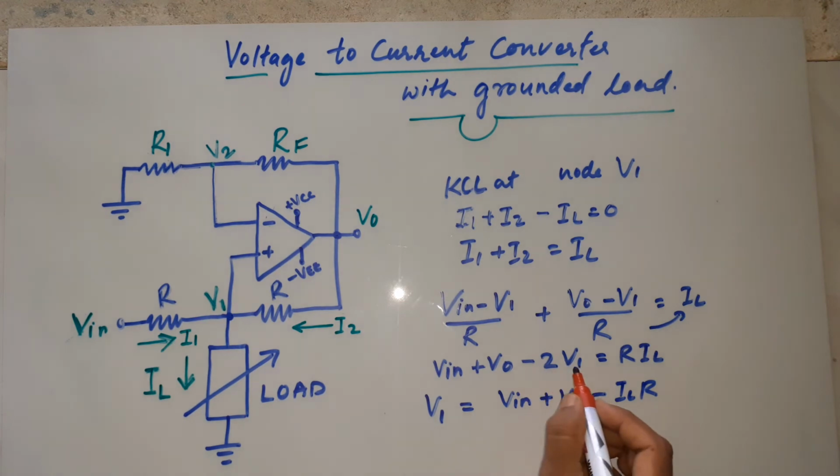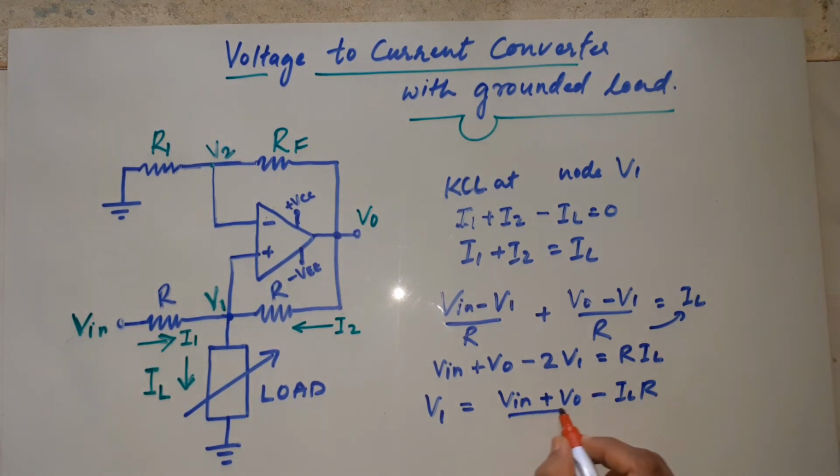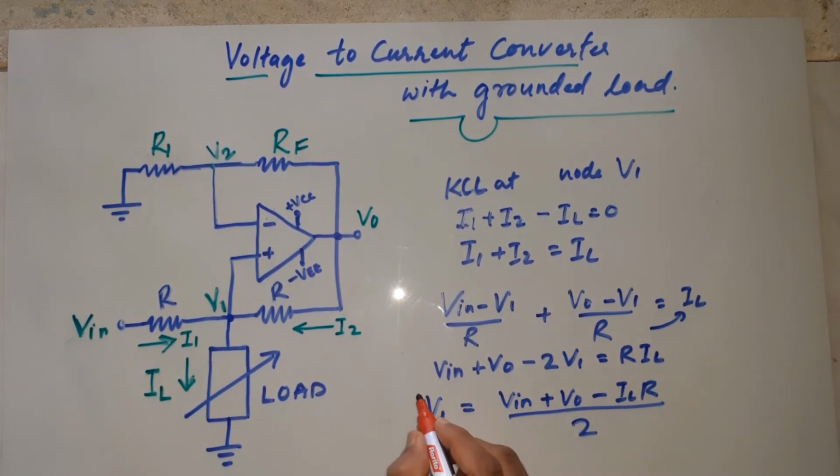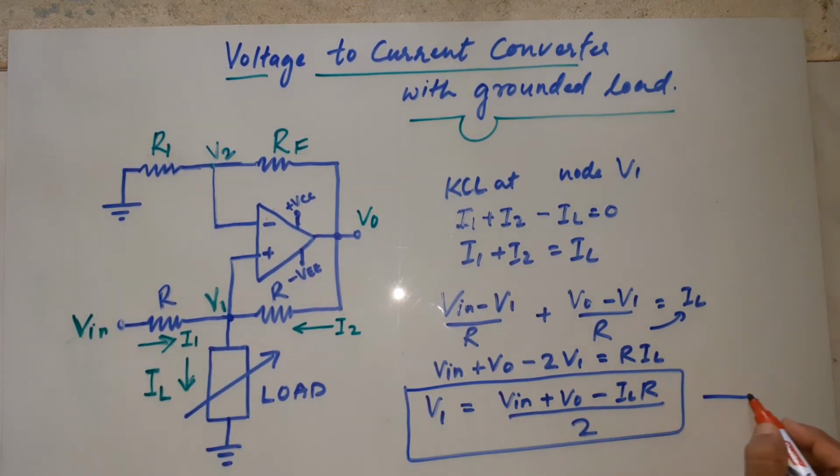So this minus 2V1 I have taken on the other side, so it becomes plus 2V1. So this 2 I will take here. Let this be your V1.